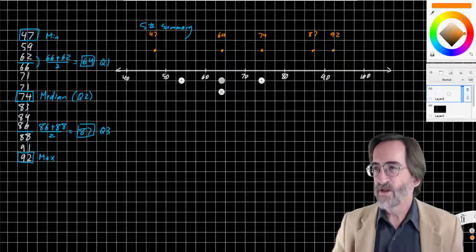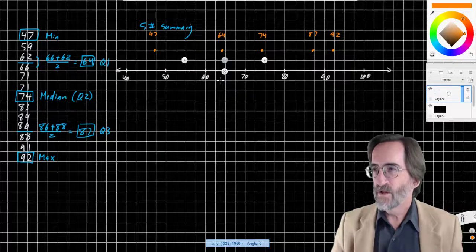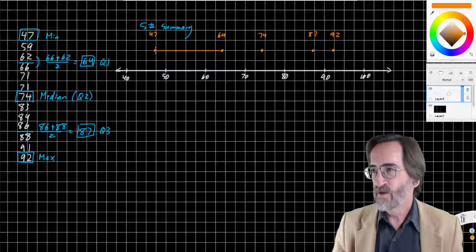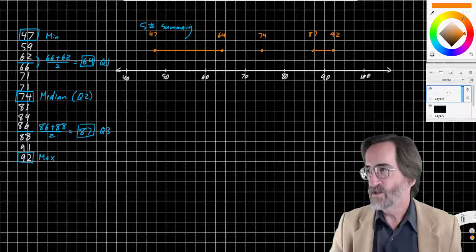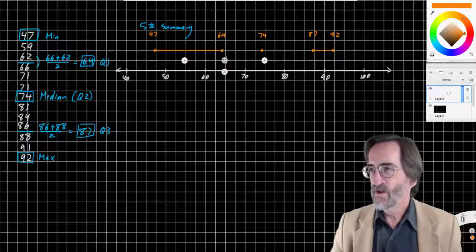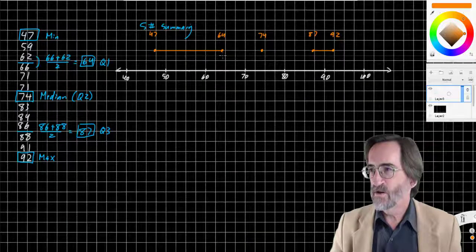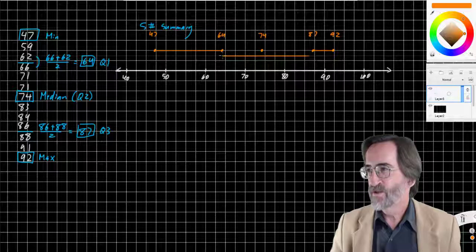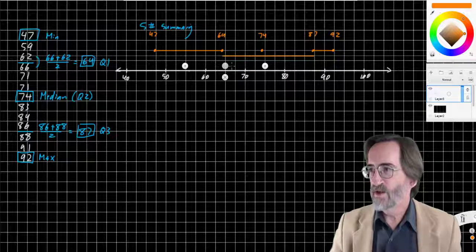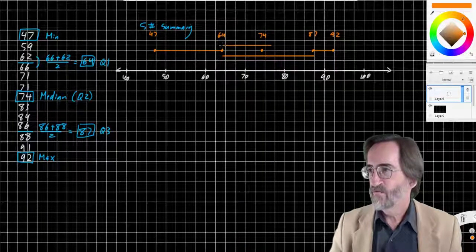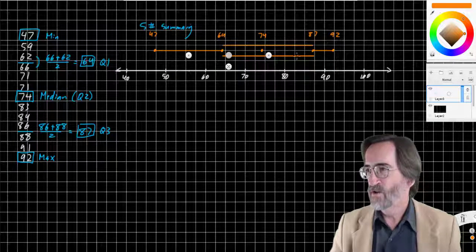Now here's how to make the graph. We're going to connect the first 2 dots. That's our left whisker. We're going to connect the last 2 dots. That's our right whisker. We're going to make a box between the quartiles, between 64 and 87, quartile 1 and quartile 3.